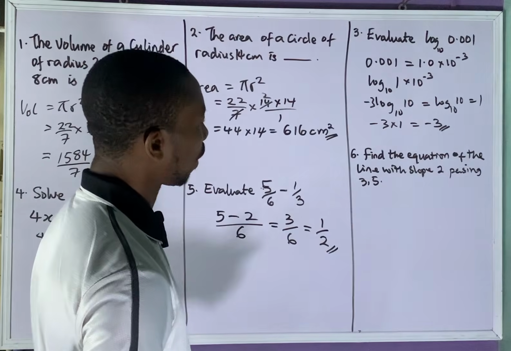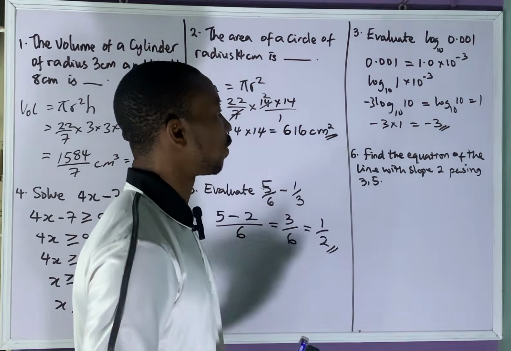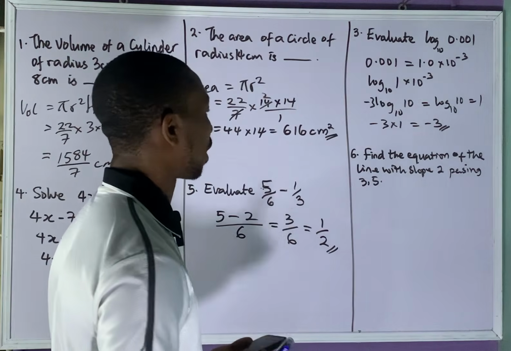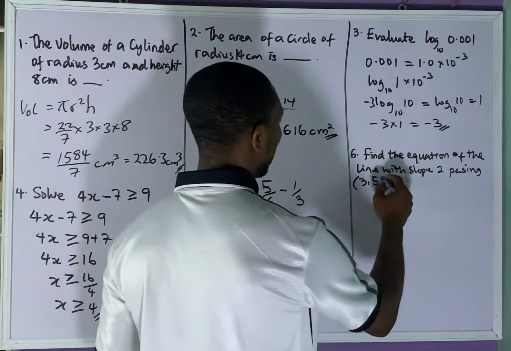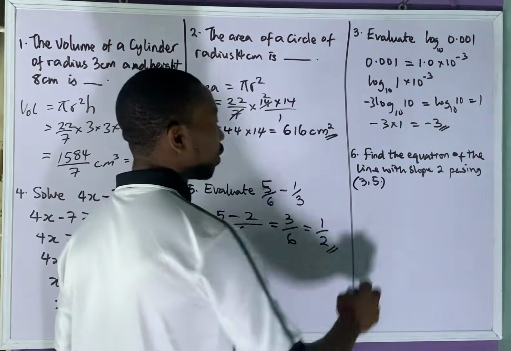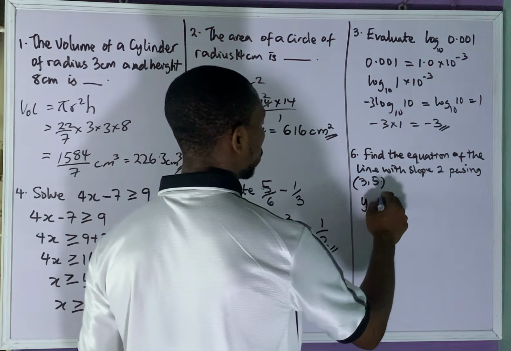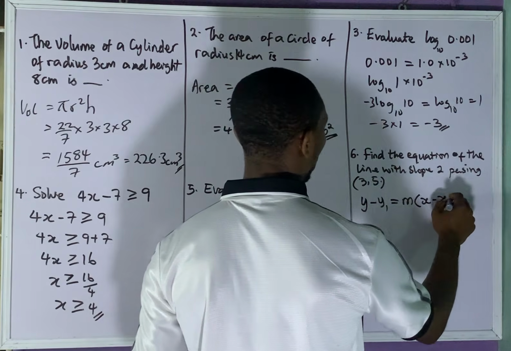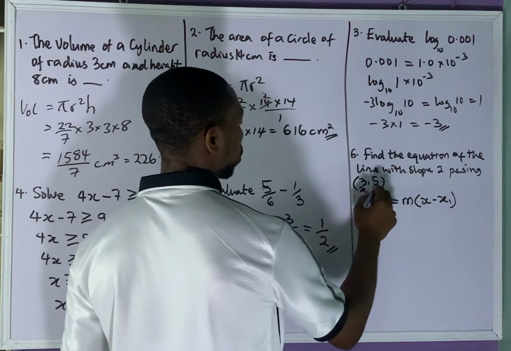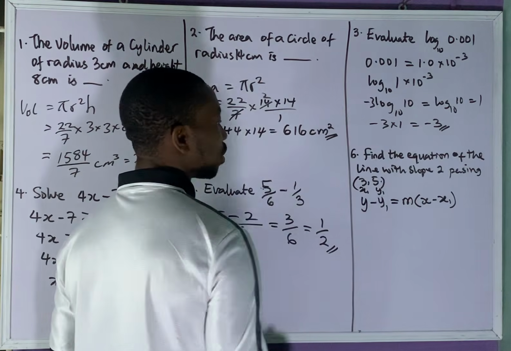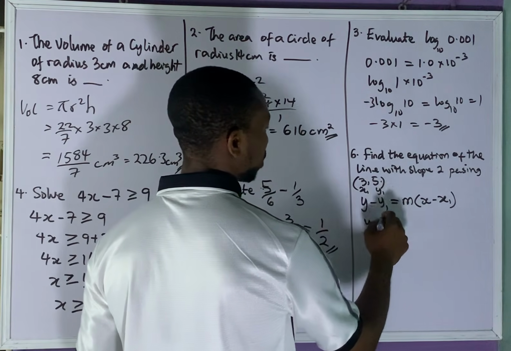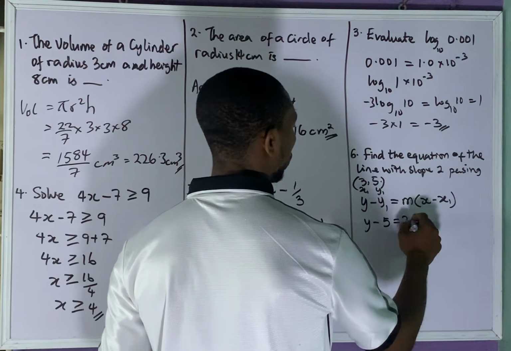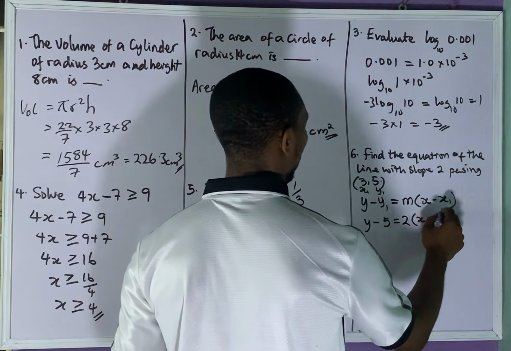And the next question says find the equation of the line with slope 2 passing through points 3 and 5. For us to solve this, we'll be using the formula y minus y1 equals m bracket x minus x1. In this case, this is our x1 and this is our y1. So this becomes y minus 5 equals m, our slope, 2 bracket x minus 3.